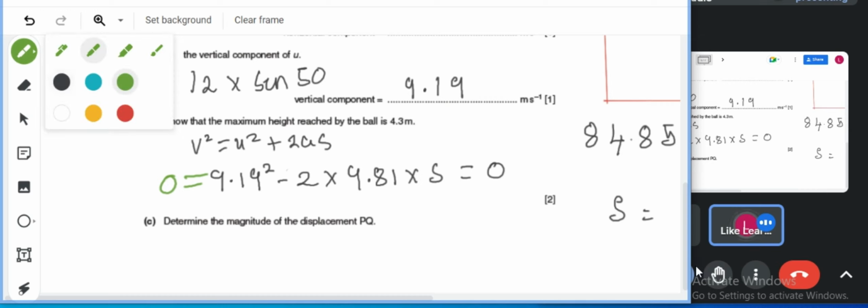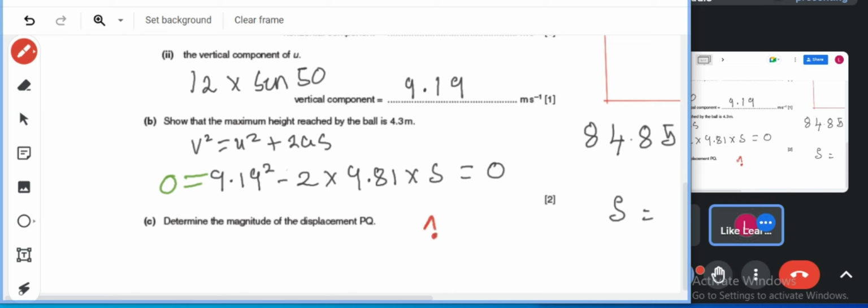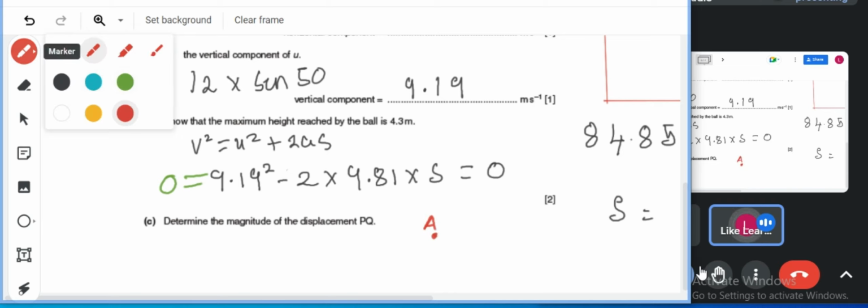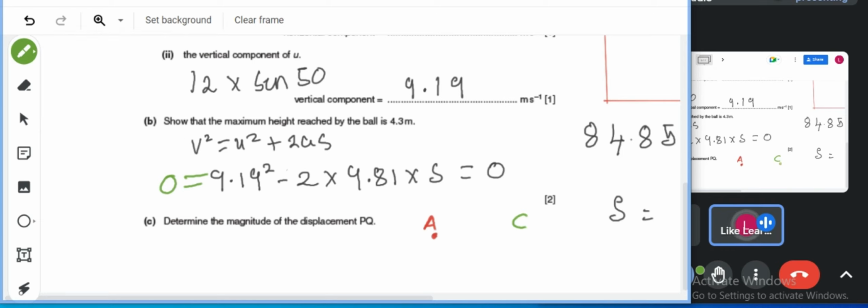Now let me explain so that you get the difference. Look at the position A, another position C, then another position D. Did you see what I'm drawing?